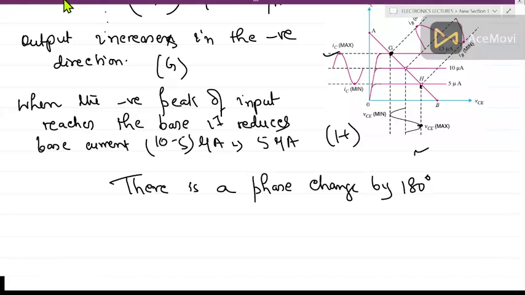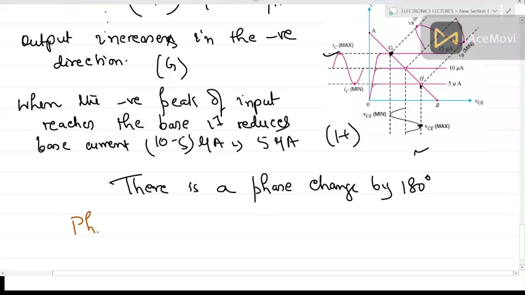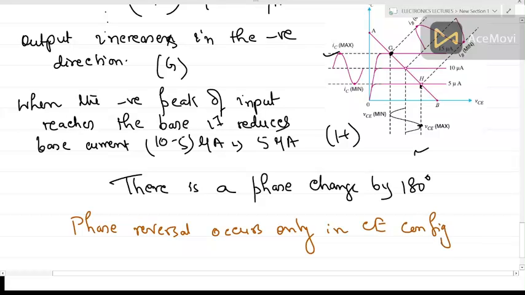And the most important thing that you should remember, that phase change or phase reversal occurs only in CE configuration. Now it is your task to show me why it is so. If you wish, you can tell me. Phase reversal occurs only in CE configuration.